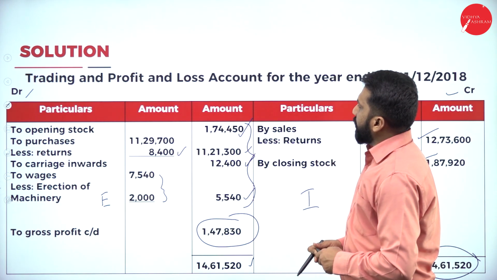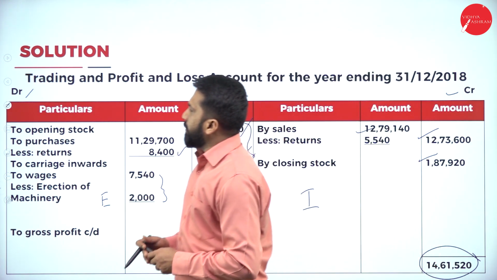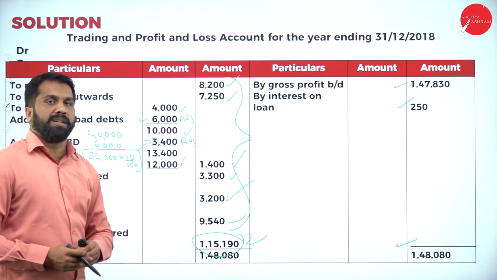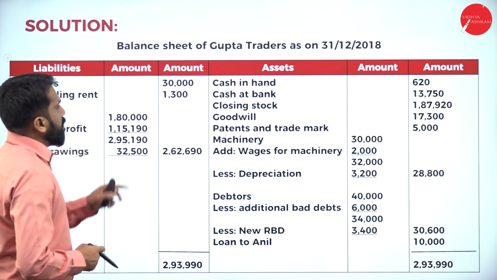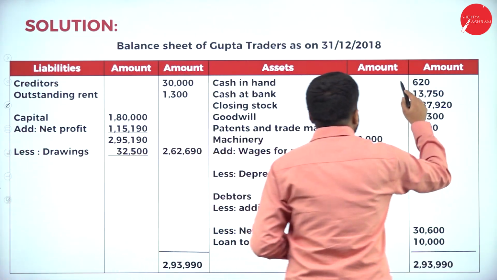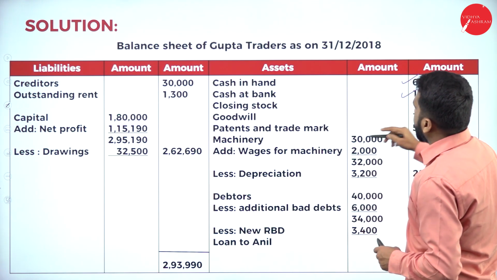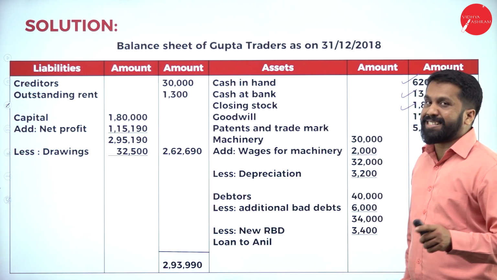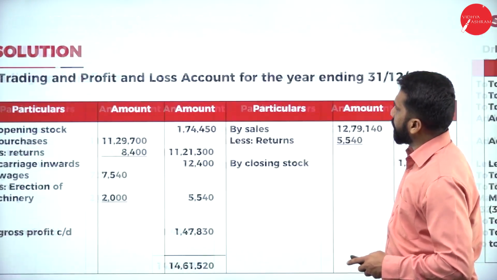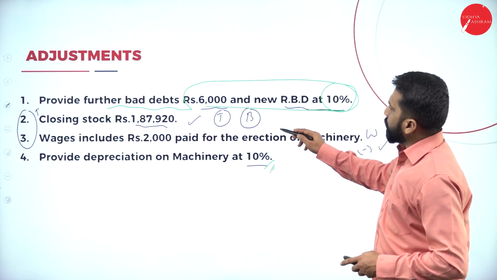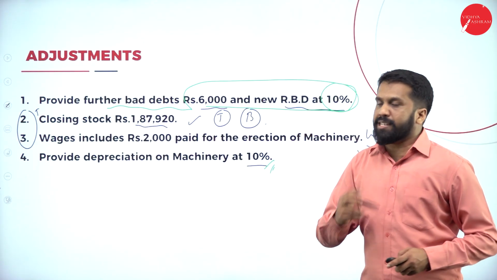Now, we'll go to your answer. I'll go directly. I will not go back to your question. Hope that you remember. Now, cash in hand we have considered. Cash at bank, yes. Closing stock is there in the adjustment. See, as I told you, closing stock we are always supposed to take twice.